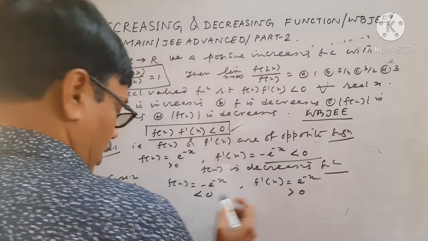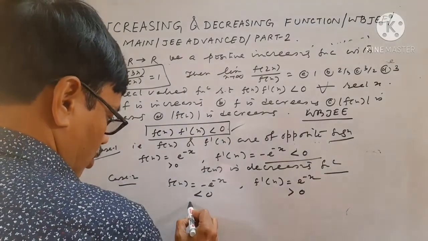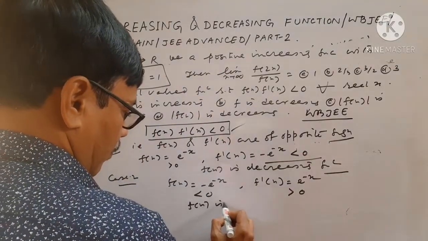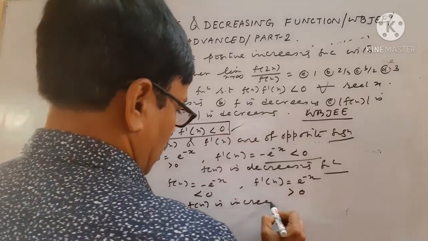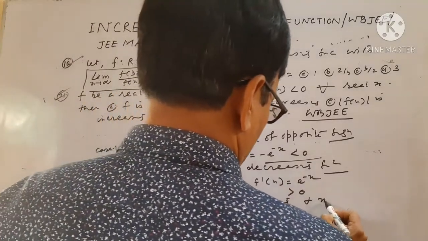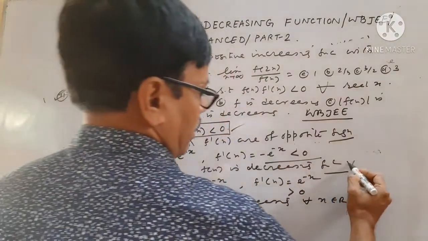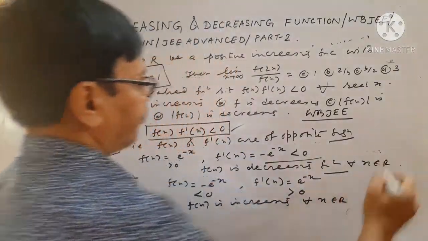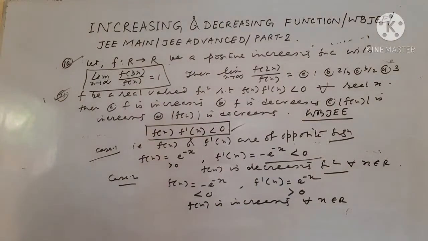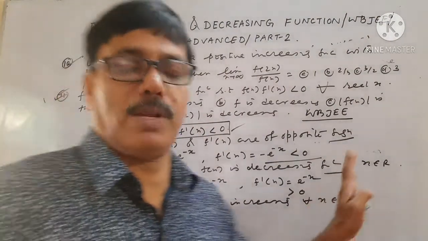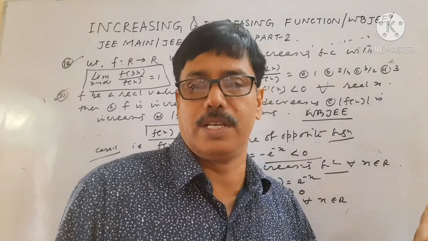So what we can say? So fx is increasing for all x belongs to R. Here also for all x belongs to R. Now, so fx may be increasing, may be decreasing also.